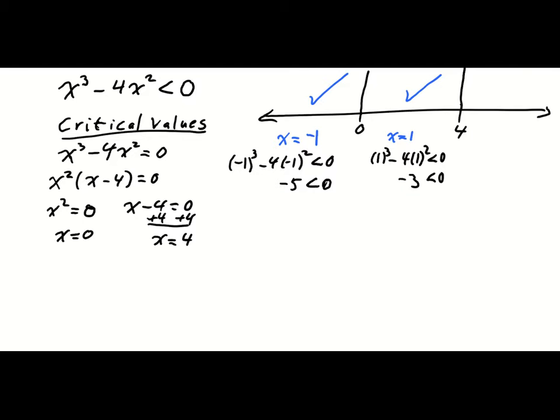We now need to check our last region. Any number bigger than 4? Well, let's pick 5. Plugging that in, we get 5 cubed minus 4 times 5 squared. See if that is less than 0.